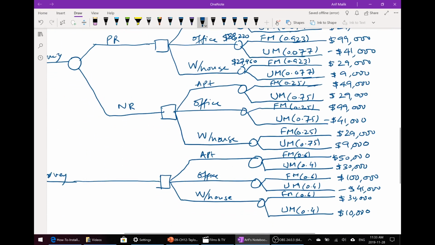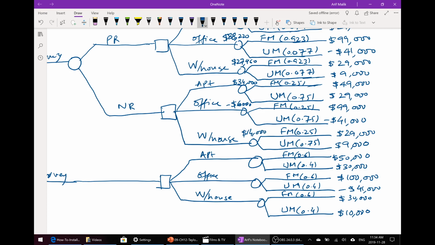Okay, we put other values as well. This will be $34,000. This will be minus 6,000, I suppose. Okay, and this will be $14,000.